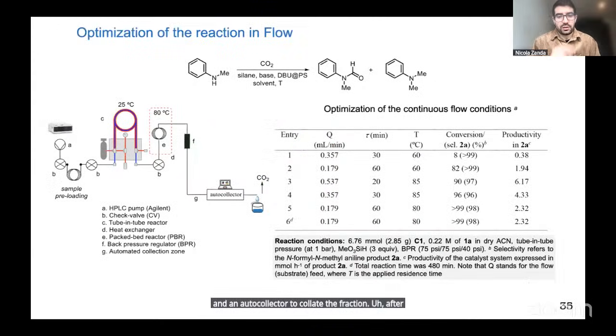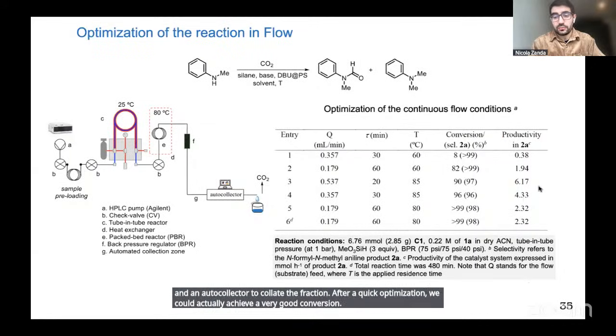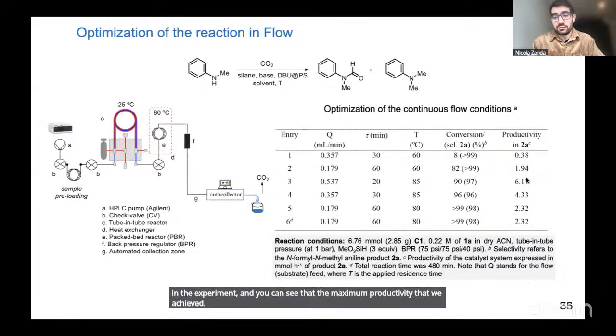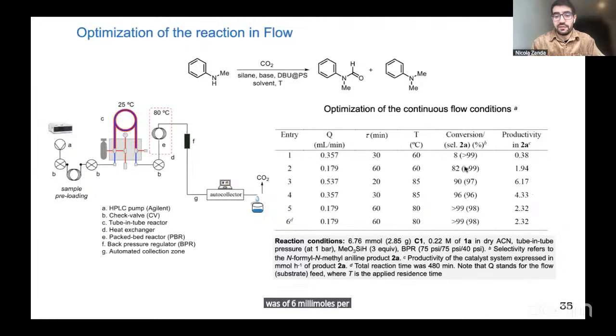After a quick optimization, we could actually achieve very good conversion in the experiment, and you can see that the maximum productivity that we achieved was 6 millimoles per hour, having a conversion of roughly 90%. But to actually study more the stability of the system, we settled for a longer residence time, so 60 minutes at 80 degrees.